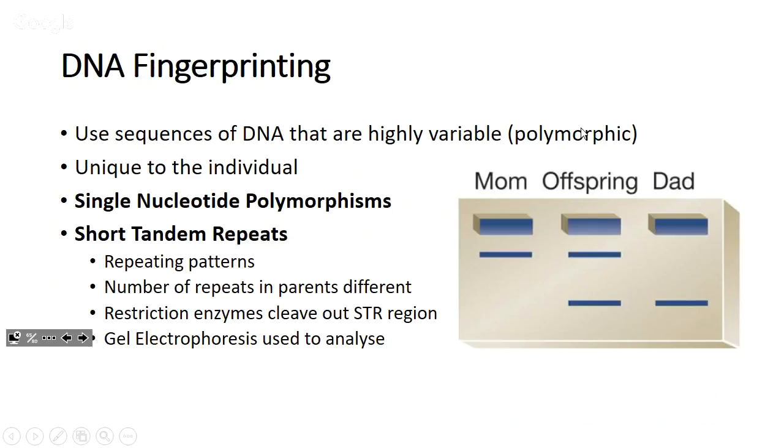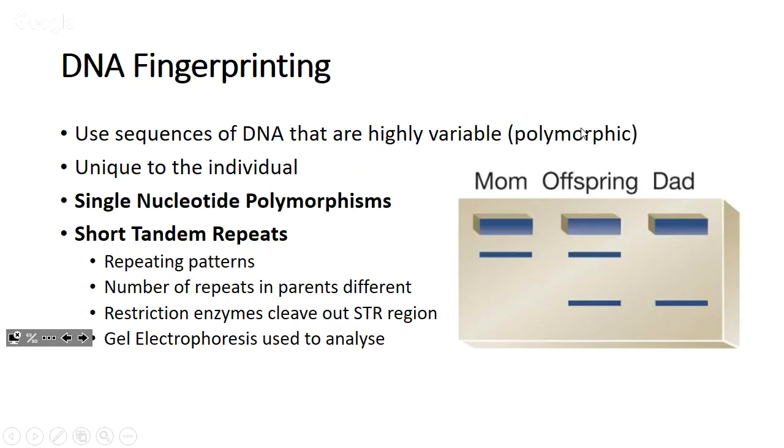And now DNA fingerprints, this is what I was talking about before, like you need to find out who your dad is. This is the only way to do it. So what you do is you've got these little short, really variable polymorphic sequences in your DNA. They're hopefully specific to the individual, and hopefully the ones that somebody got from their mother will be different to the ones they got from their father.